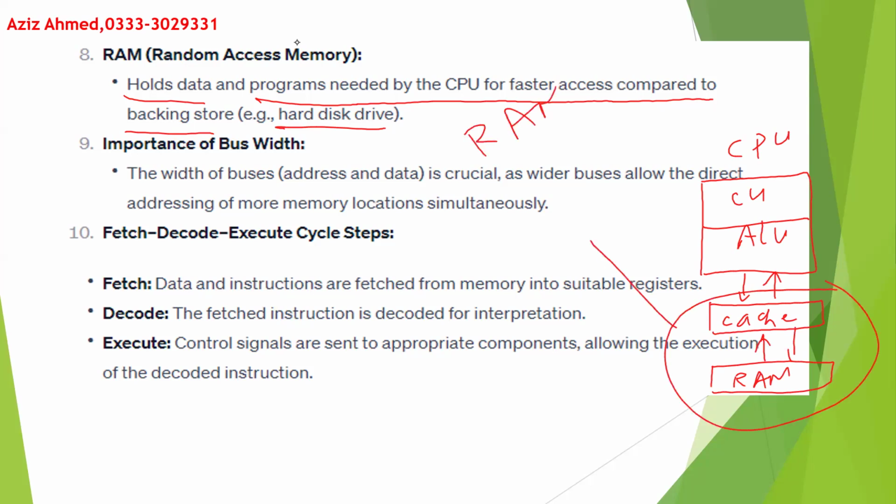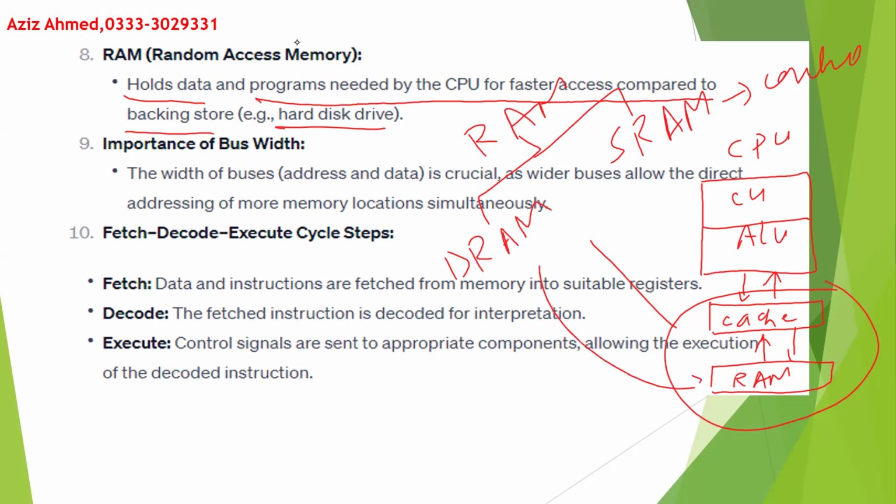Basically they are both RAM, but RAM has two categories: one is DRAM and one is SRAM. Cache is basically SRAM, which cannot be upgraded. But RAM can be upgraded. DRAM is actually RAM. Got the idea?